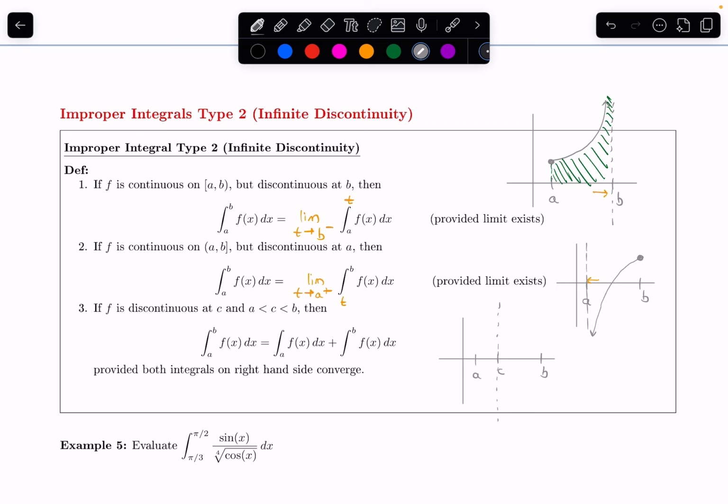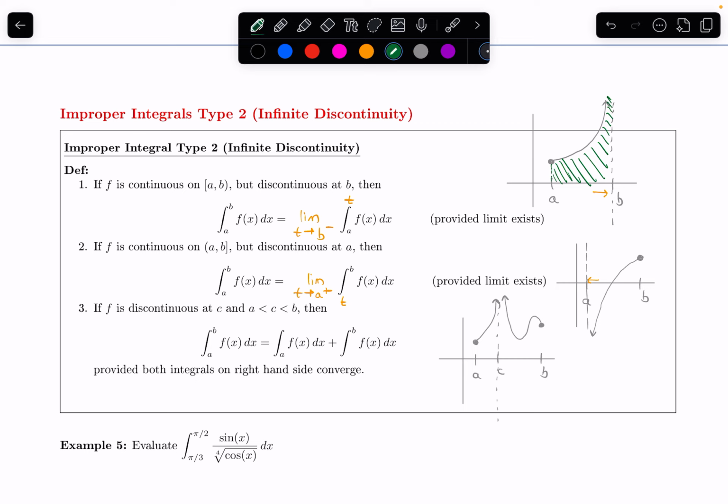Let's put a vertical asymptote there. Maybe there's a point here at a, and then the graph goes up to that vertical asymptote. Then maybe there's some point over here when x is b, and the function goes down first, then changes direction, and goes towards that vertical asymptote.